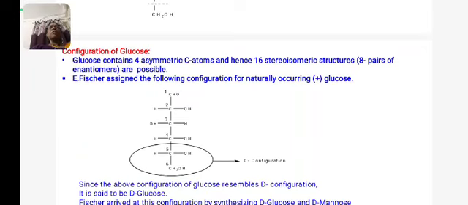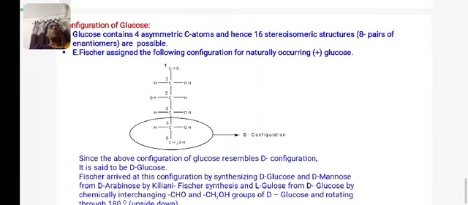Glucose contains 4 asymmetric carbon atoms and hence 2 to the power 4, that is 16 stereoisomeric structures, that is 8 pairs of enantiomers are possible, and we have to find out which structure corresponds to glucose.